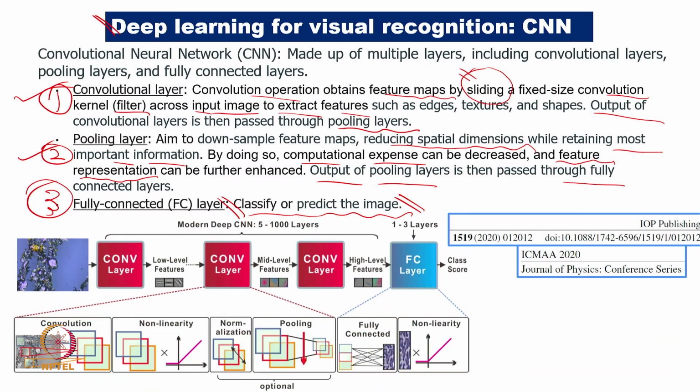Now just to elaborate, I am taking an example of one 2020 publication, and they have also analyzed only the image analysis of wear debris. So they go with the convolution layer, and for the convolution layer they are using something like 5 to 1000 convolution layers. Here, first they are trying to extract only low level features.